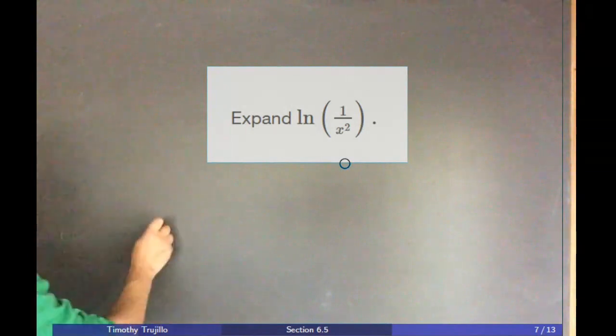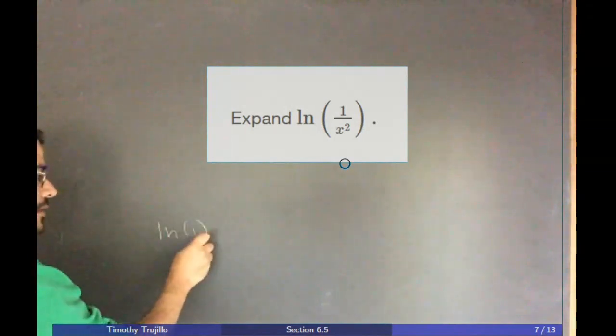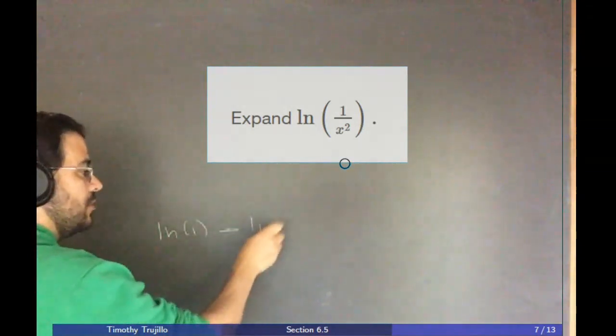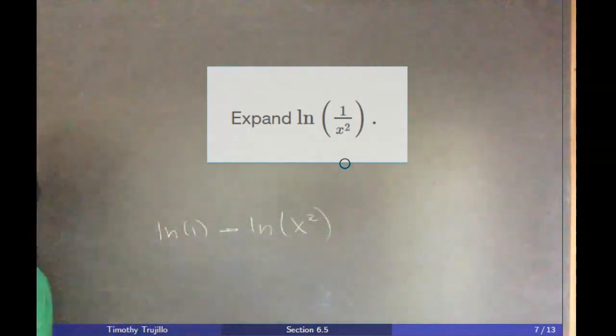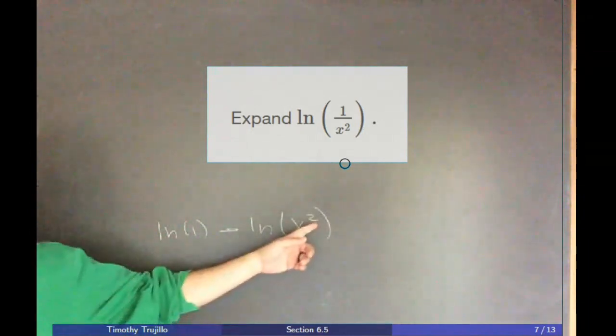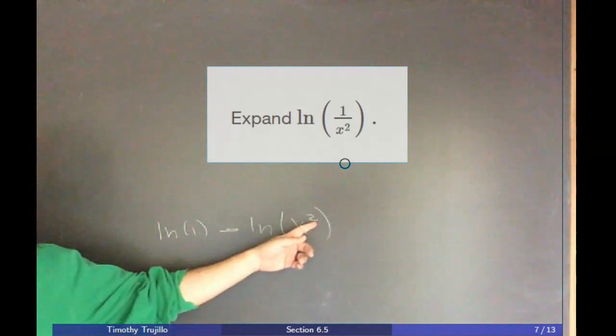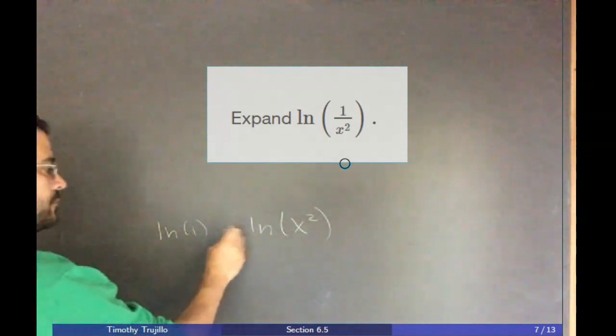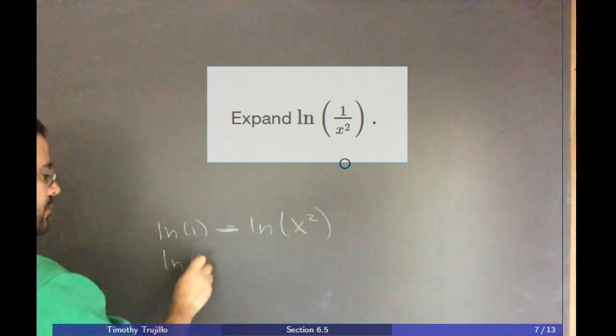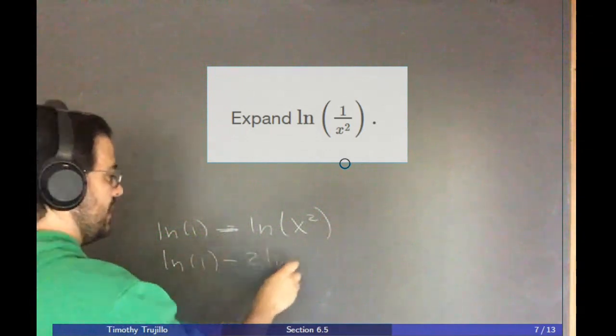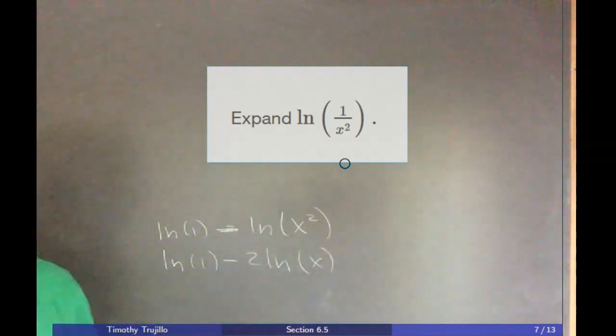Yeah, so the idea here is you get the natural log of 1 minus the natural log of x squared. That's your first step. And then your second step is to use the power rule to pull the 2 down into the front. So this is the natural log of 1 minus 2 times the natural log of x.